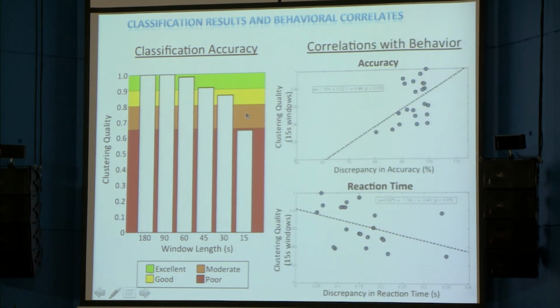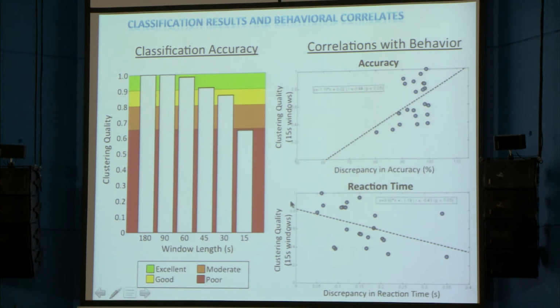What's interesting also is that this happens to be the 15-second windows, and the clustering corresponds to task accuracy. This is the accuracy of them performing the task versus the clustering accuracy here.